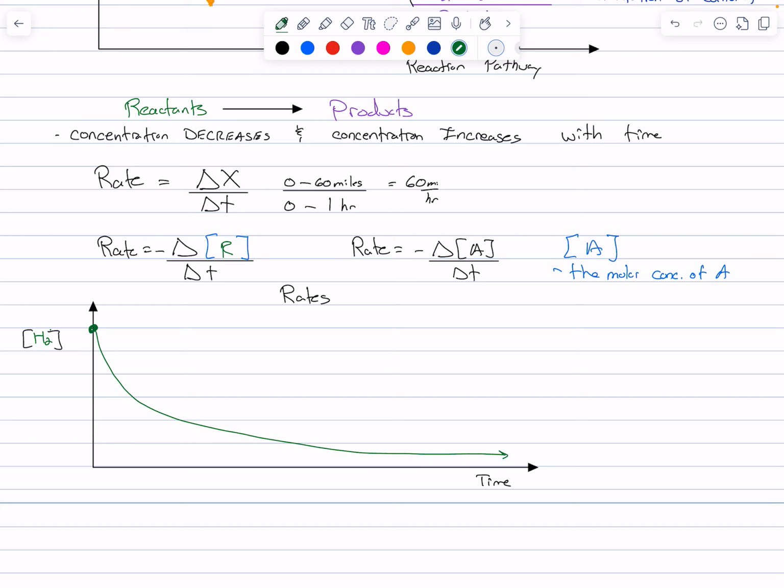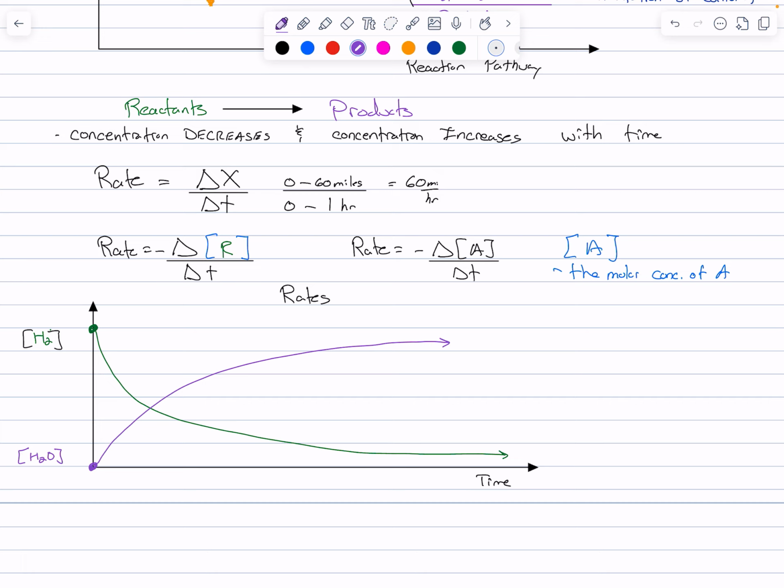Our product, concentration of H2O, or whatever product we have, will increase with time. Hopefully that makes sense.